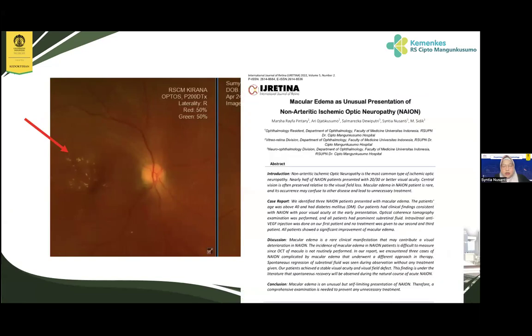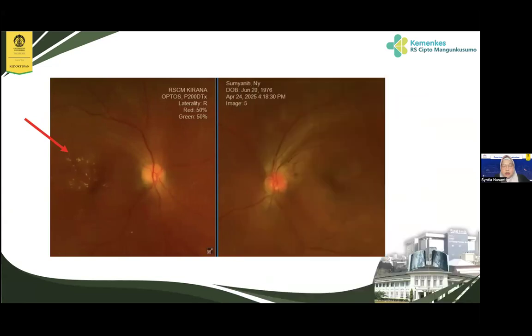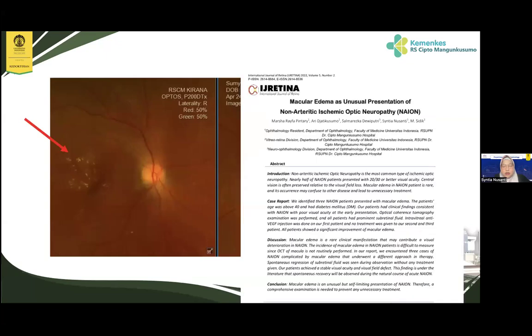In this picture, we found some macular edema present in the patient with non-arteritic ischemic optic neuropathy. Usually we find this edema in patients with diabetes also. So we looked at our patients.